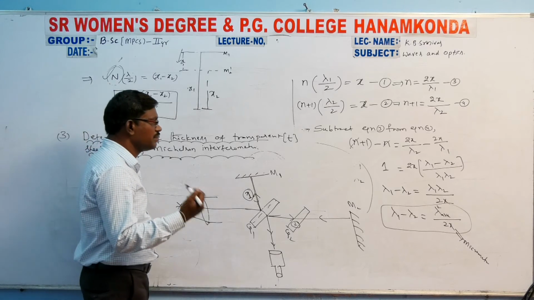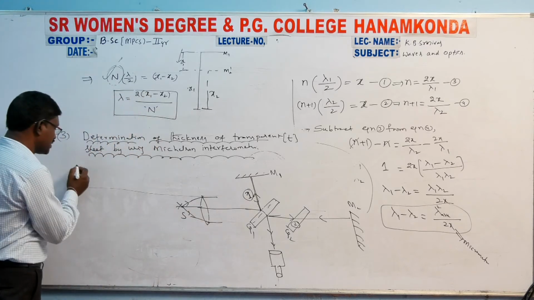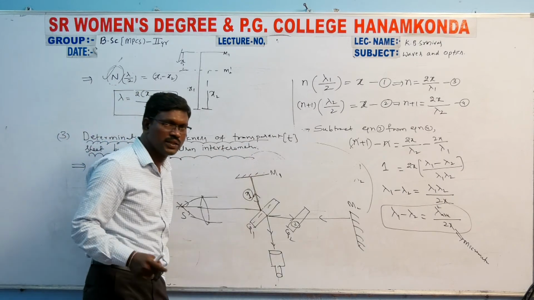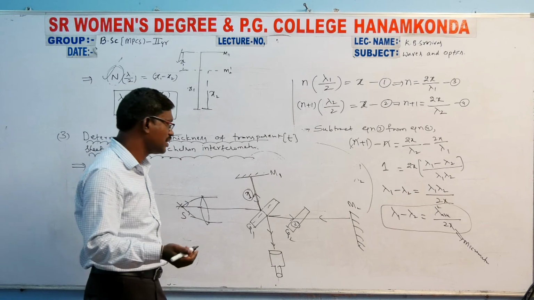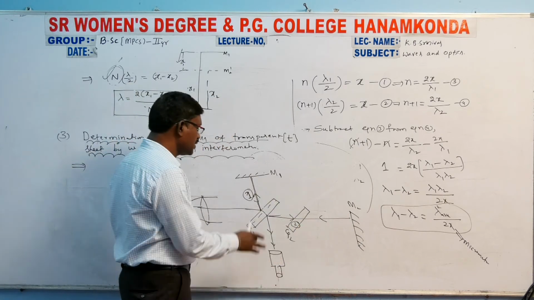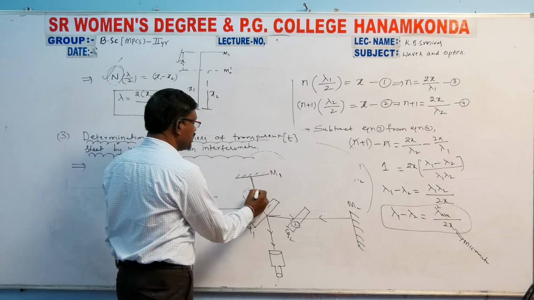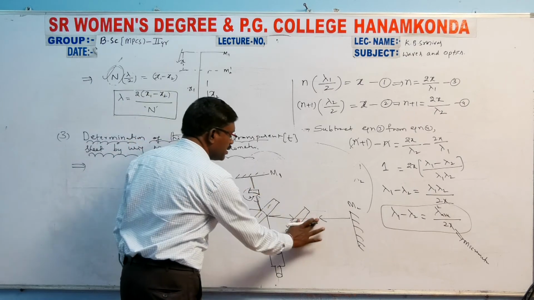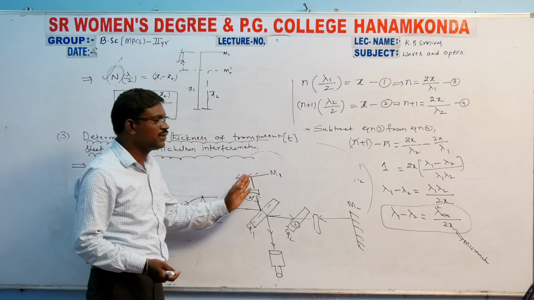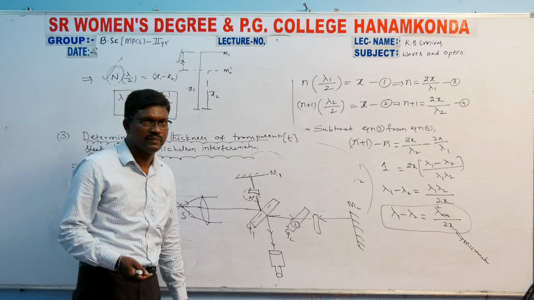So imagine we have to place the transparent sheet whose thickness is going to be calculated in the path of ray 1 or ray 2. You can introduce that transparent sheet here or here. So what happens? There will definitely be some path difference between the two rays.